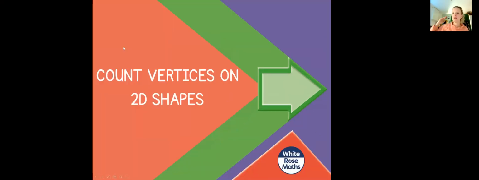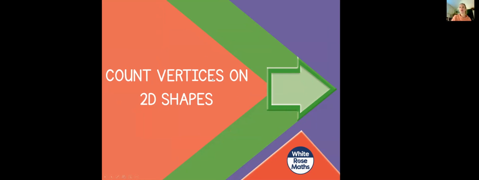Count the vertices on 2D shapes. That's what we're learning about today. What's the vertices? I hear you shout. More will become clear in a minute.